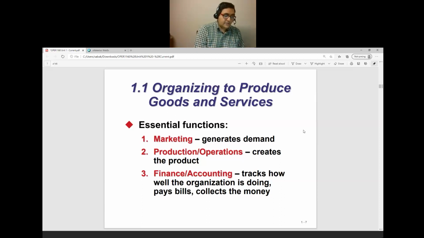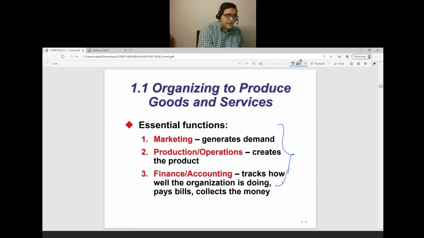So one of the things which we said is operations is one of the three important functions that any organization performs. So what are the other two? This is a very important aspect which you need to understand. Even if you are doing your course in marketing, understand marketing is one of the most important things which help an organization to generate the demand.